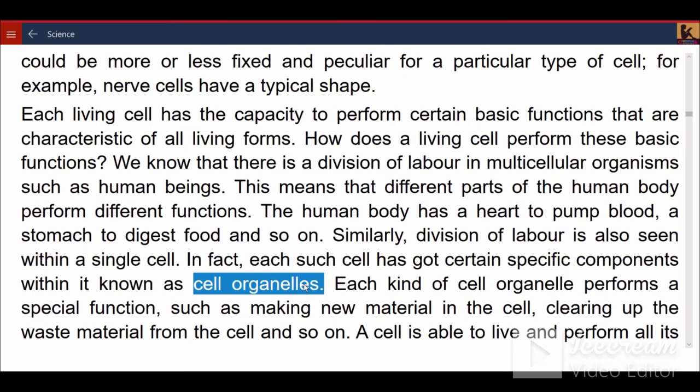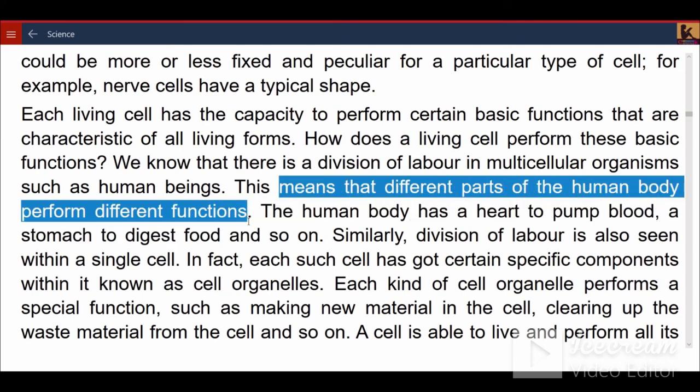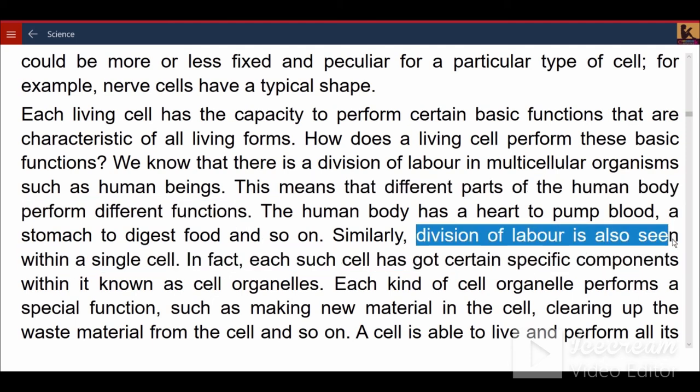The cell organelles are inside the cell and they are meant, just like the different parts of the human body, to perform different functions. So the division of labor is also seen within a single cell.